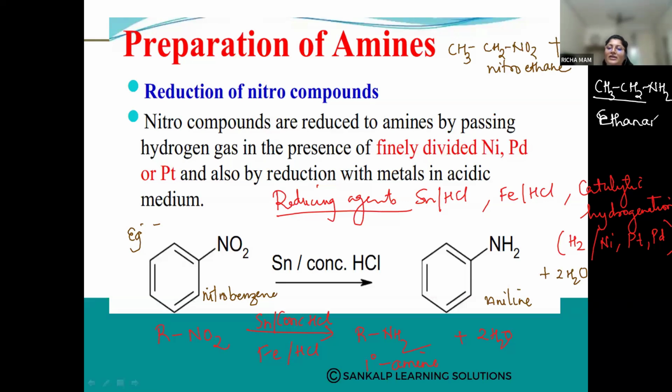So this is the reaction; we are doing reduction using reducing agents like tin and HCl, Fe and HCl, or catalytic hydrogenation, that is, by passing hydrogen over nickel, platinum, or palladium. Is it clear? Okay.